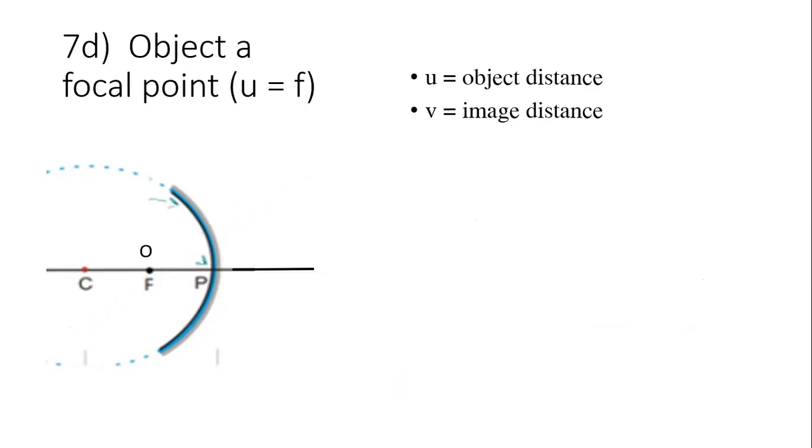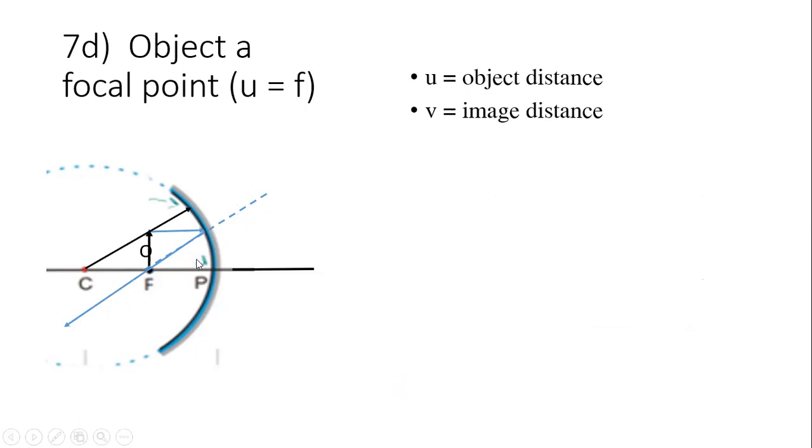Okay, object at the focal point. Draw a parallel ray, then after reflection it will go through the focus F. And the other one, the image is usually on the other side. That's why we have a broken line there.